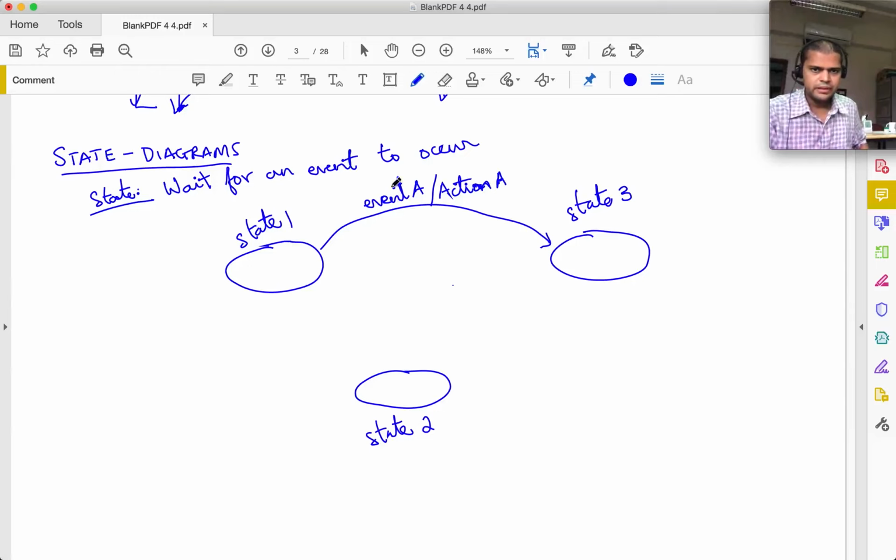So something happened. One example could be that the timer expired, right? That would be an event, and then we take an action. It could be resending the frame again. And let's say if event B occurred rather than event A, we might jump to state 2 instead.